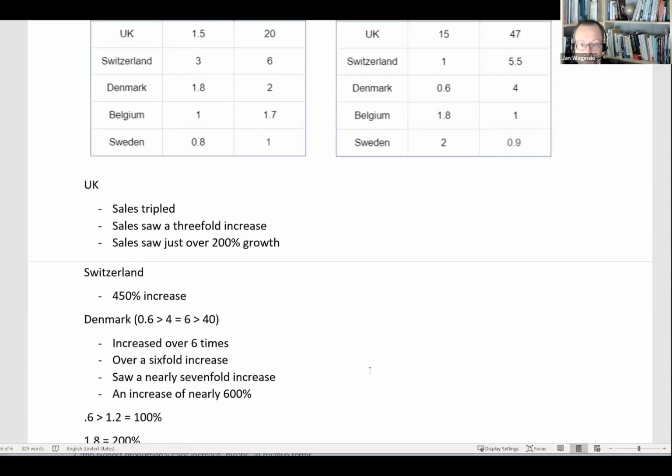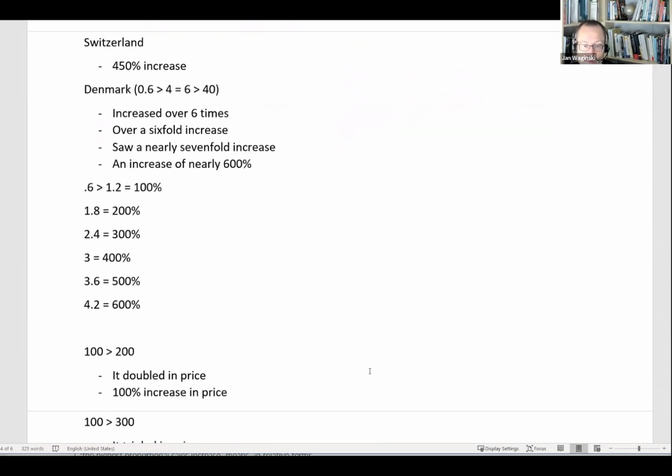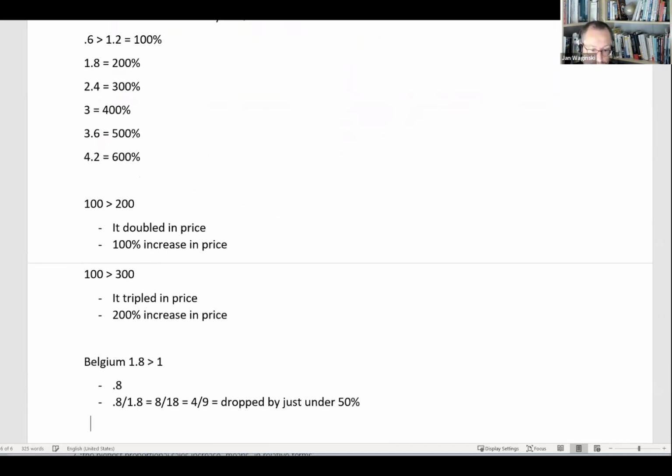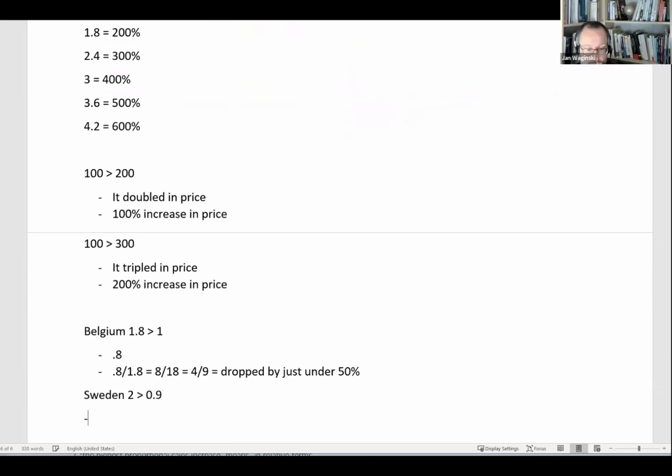And then we've got Sweden, went from 2 to 0.9. Okay, so first step in our comparison, find the difference. What is the difference? 1.1.